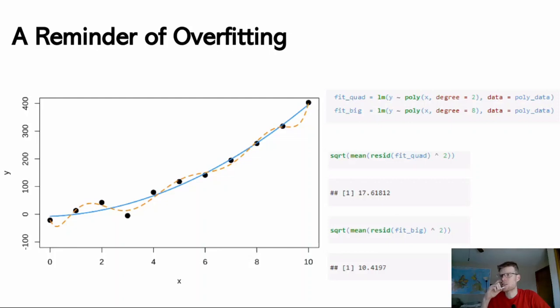The issue is that this orange line is ignoring the fact that there is going to be some noise in this data, and I shouldn't expect to find a model that fits the data exactly, but that should fit the overall signal between these two variables. So it turns out that this orange line, even though it has the lower RMSE, the lower amount of residual error between its predictions and the actual data points here, is really not a good model, because if I got some new data, I'm going to have different noise, and I'm instead going to have something like this.